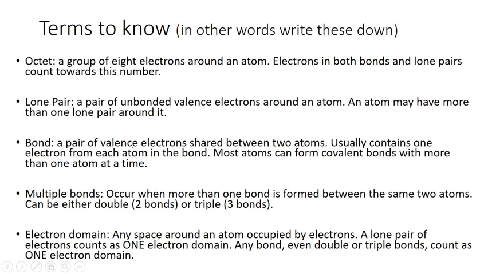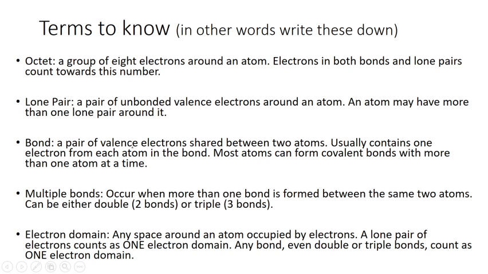And then the last one here, electron domain. This is an idea that we will talk about a lot when we talk about molecular shape. An electron domain is any space around an atom that is occupied by electrons. A lone pair of electrons counts as 1 electron domain, right? Because they're a pair, they're together, they're taking up 1 area of space.